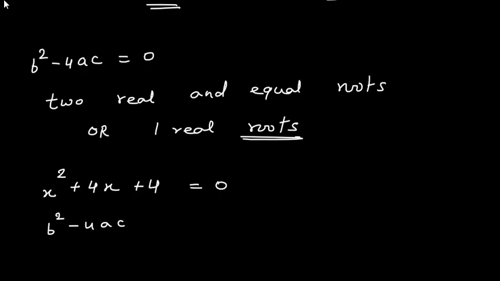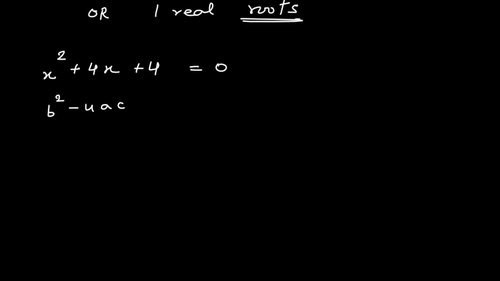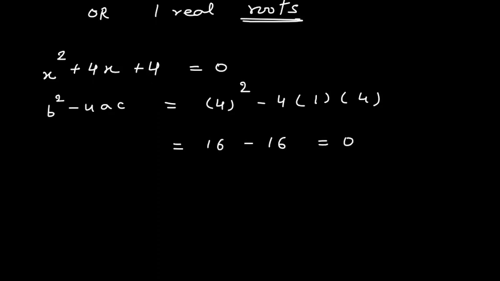Obviously in all these cases you are comparing your equation with ax square plus bx plus c. So here the value of b is 4, so it is 4 square minus 4 into value of a, which is 1, and value of c, which is 4. So this is 16 minus 16, which is 0. So b square minus 4ac is 0.